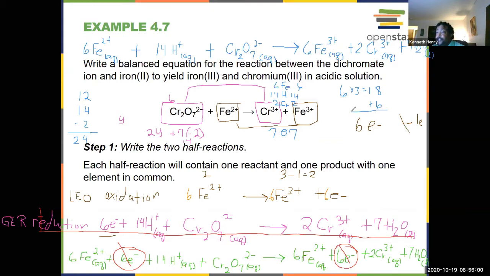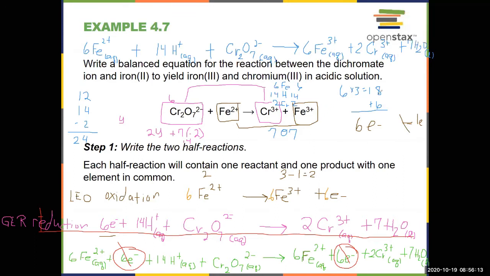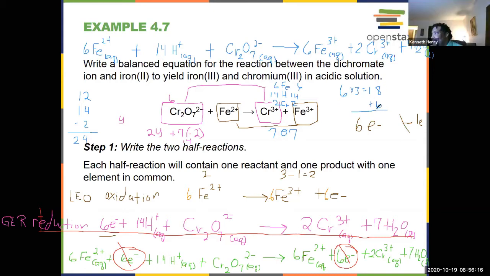You said 18 plus 14, but you have 7 H2O. What is the charge on H2O? 0. Oh, my bad. Okay, so I have 6 plus 18, 24. So the total charge is plus 24 and plus 24. Balanced? Yeah. That's it. Piece of cake?